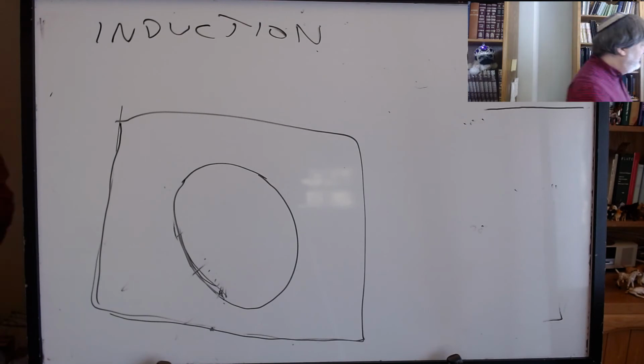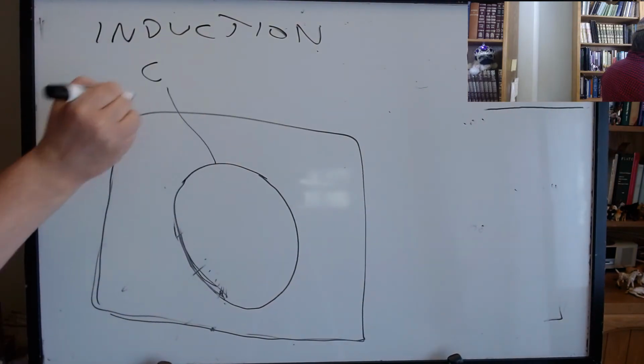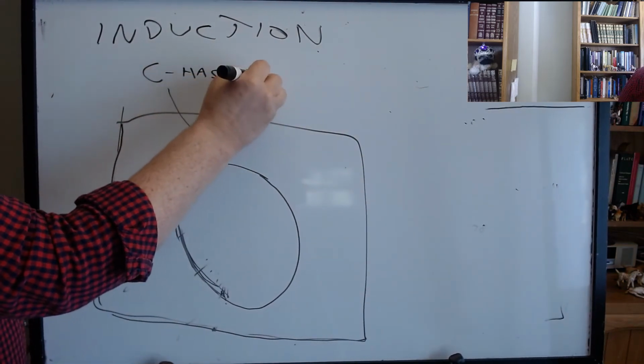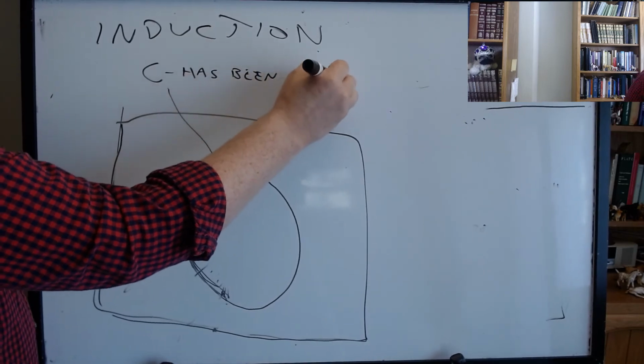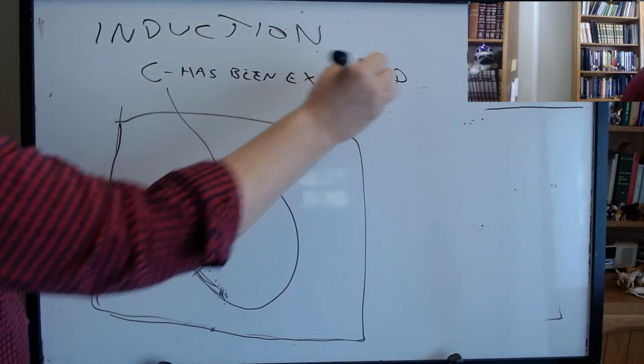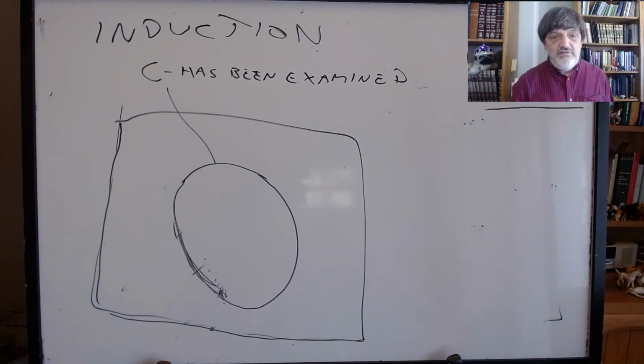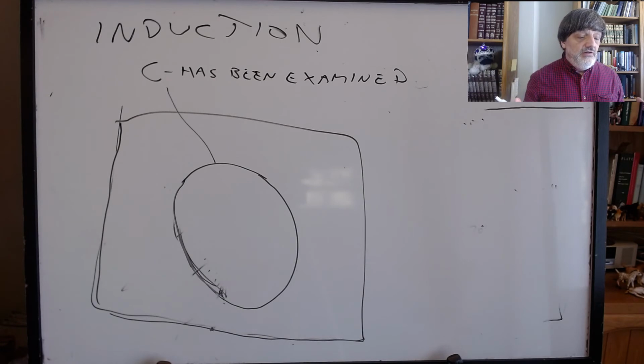The condition that before I called C is now like has been examined, has been tested. And among the things that have been tested are certain pieces of rubber. So examined or tested here includes whatever kind of tests we have to do.